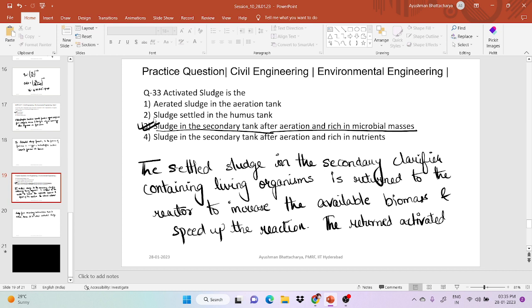So there are various design parameters like hydraulic detention time, volumetric BOD loading rate, specific substrate utilization rate, and sludge volume index.